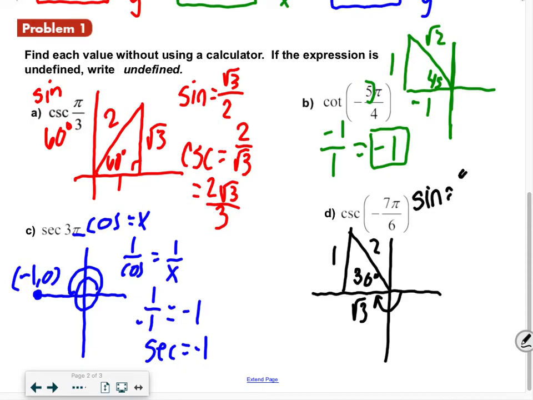Sine is opposite over hypotenuse, so my cosecant has to be flipped. So cosecant is hypotenuse over my opposite side. 30 is right here. So our hypotenuse is 2, opposite side is 1, so my cosecant is just 2.